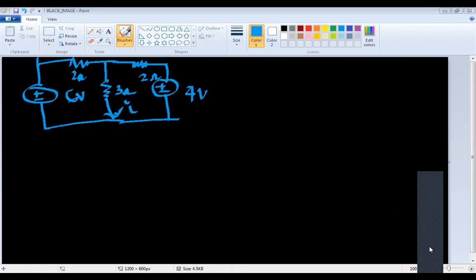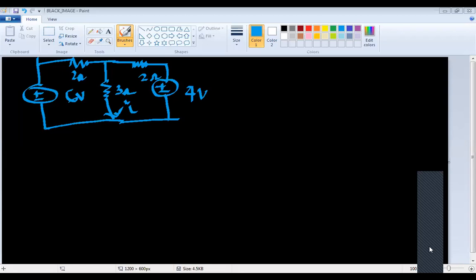One thing to ask you, apart from this, we can apply the superposition theorem. So what is the superposition theorem? If there are multiple sources in a linear bilateral network, when we are supposed to calculate the response of a particular branch, we need to take the effect of these sources one by one.